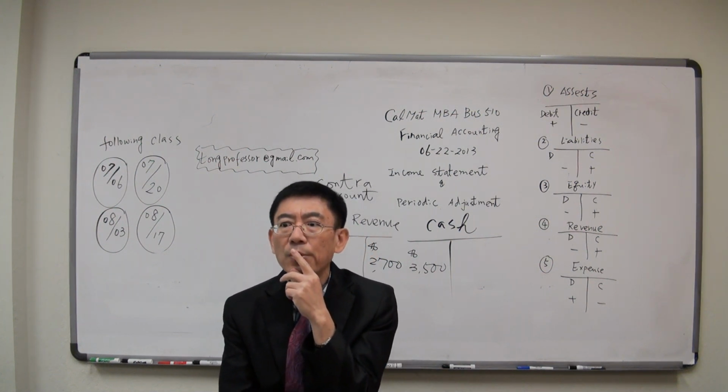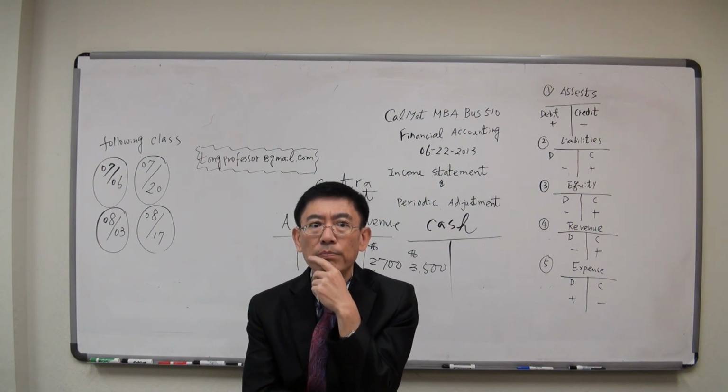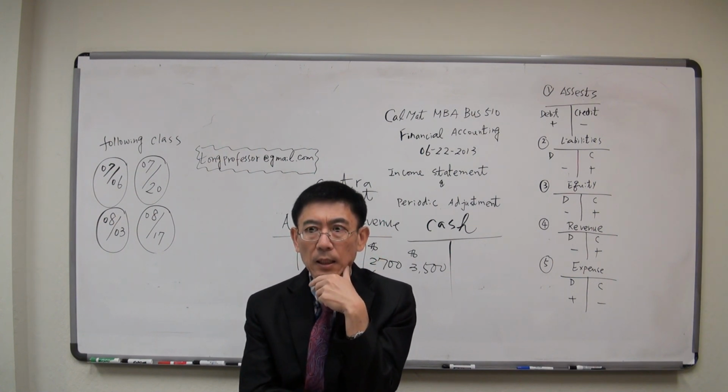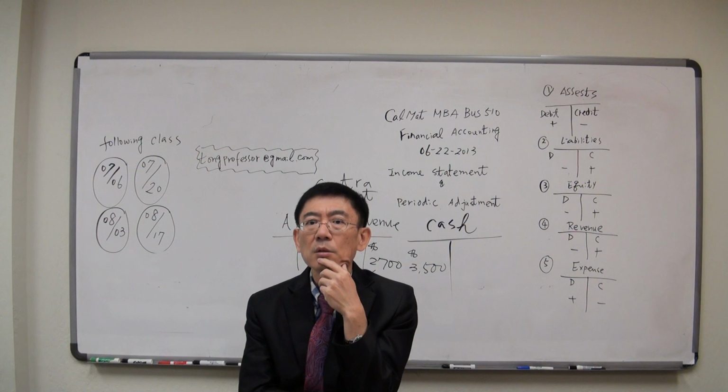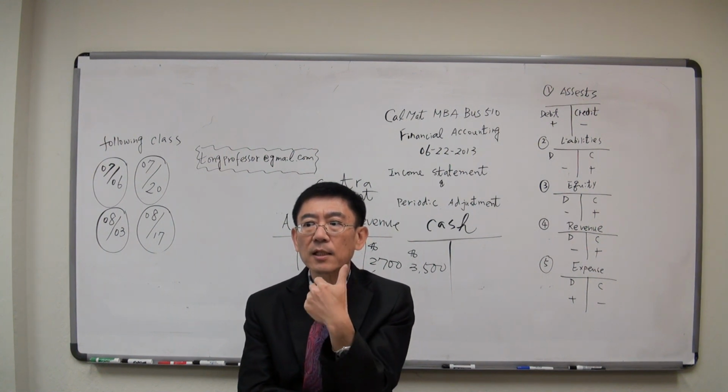If this is not a corporation, there is not too much significance between before and after. But because this enterprise is a corporation, that is the reason why we want to indicate net profit before or after tax.